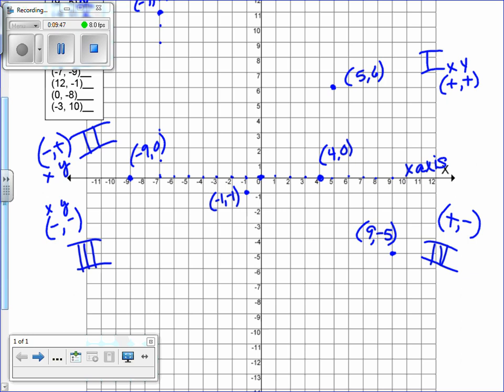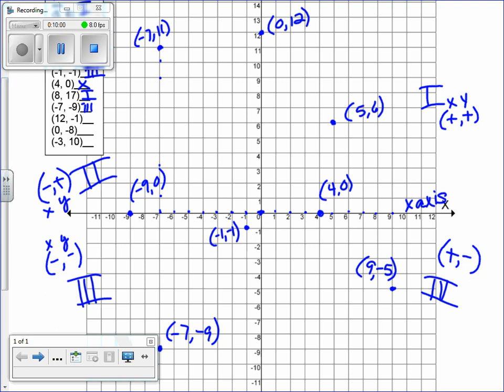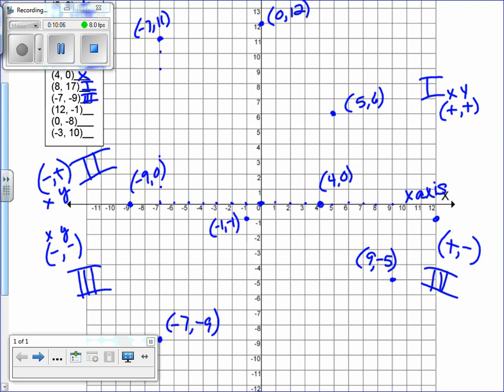-7, -9. That's quadrant 3. 12, negative 1, over 12, down 1.